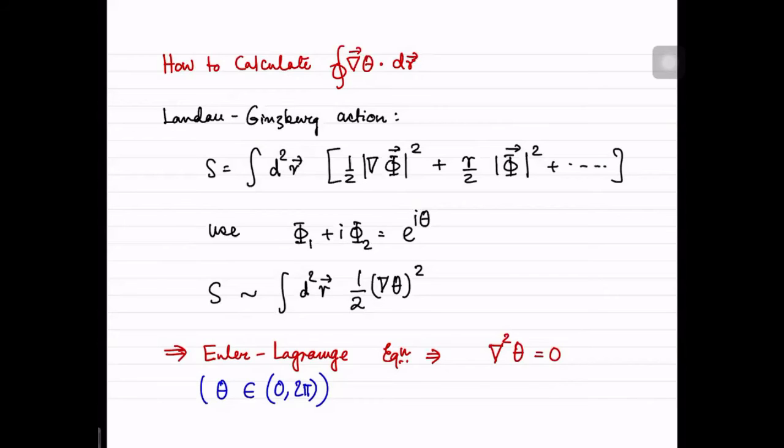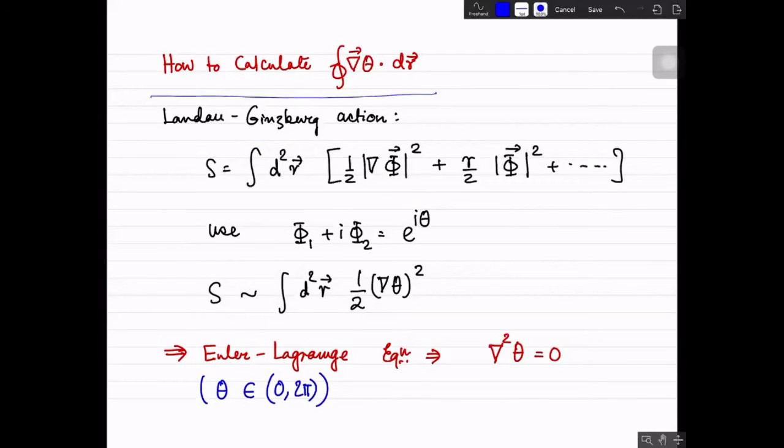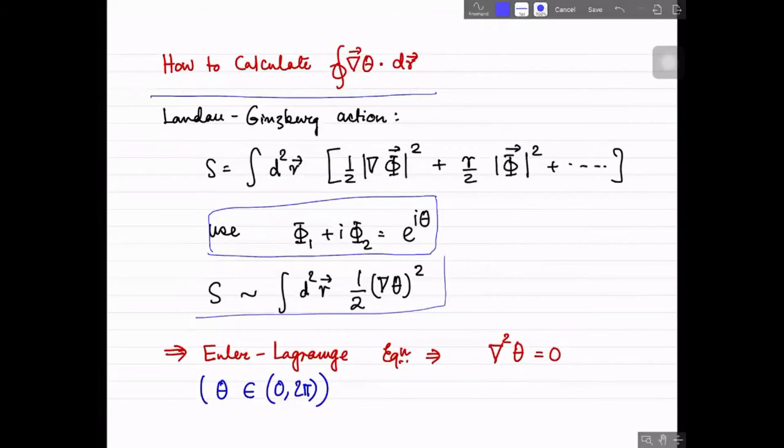So let's first start with how to calculate this winding number. The way to calculate it is to start with the Landau-Ginzburg action. You use this parametrization, and roughly at low temperature the effective action looks like this. That's the relevant part of the action.